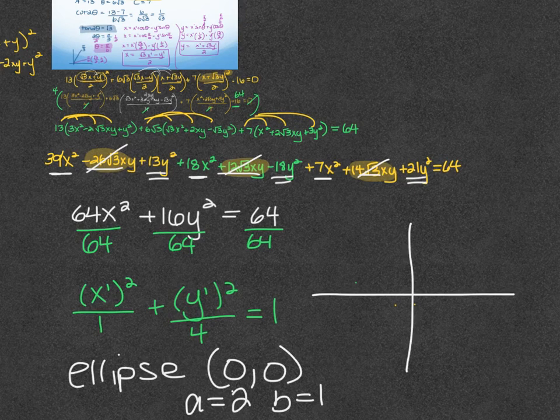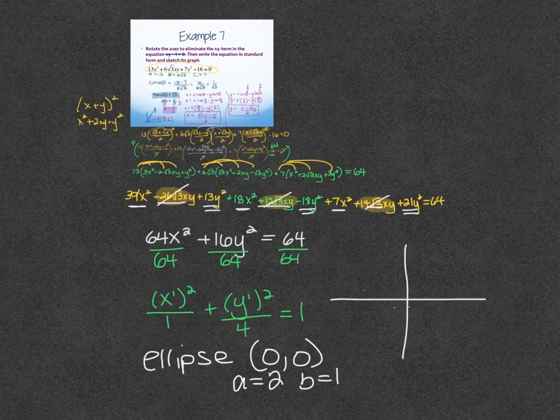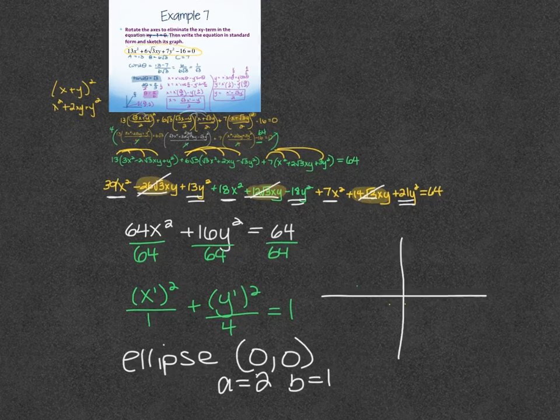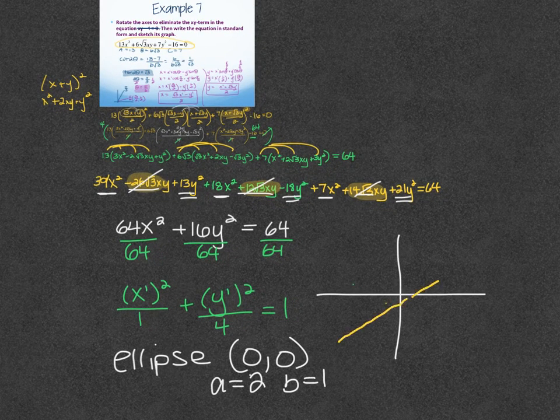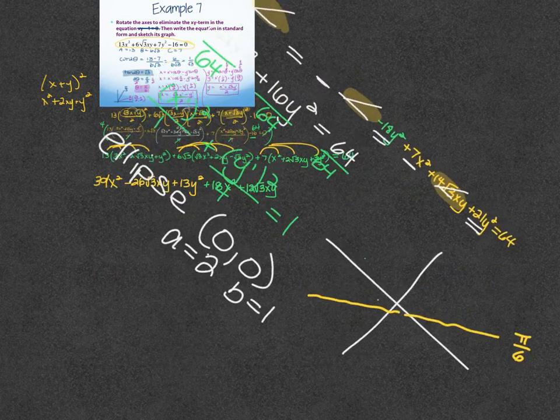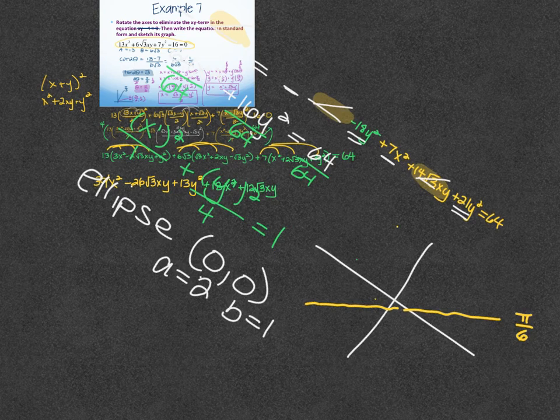So I take my axis, I rotate it, what theta is, and theta was pi over 6. I'm going to rotate that around so that it's easier to graph. This is my x prime, this is my y prime, 0, 0.